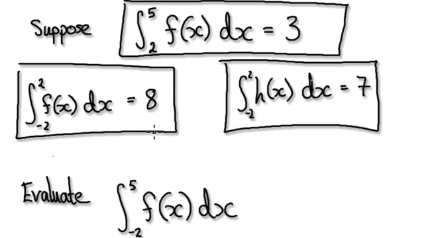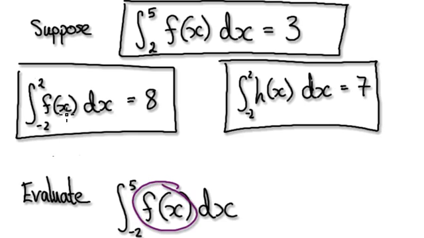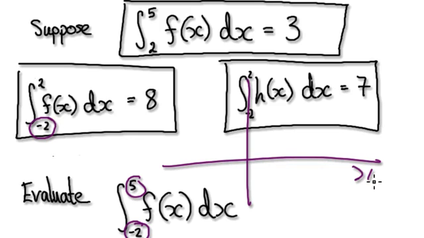Okay, so notice that if you look at this, f of x and f of x here, they're all the same, but then it is from minus 2 to 5. So if you look at the x-axis here, this is from minus 2 to positive 2, and then if you look up here, it's from 2 to positive 5.